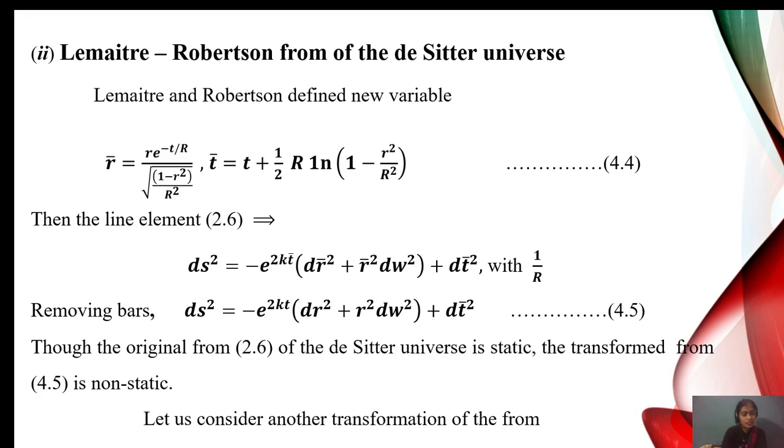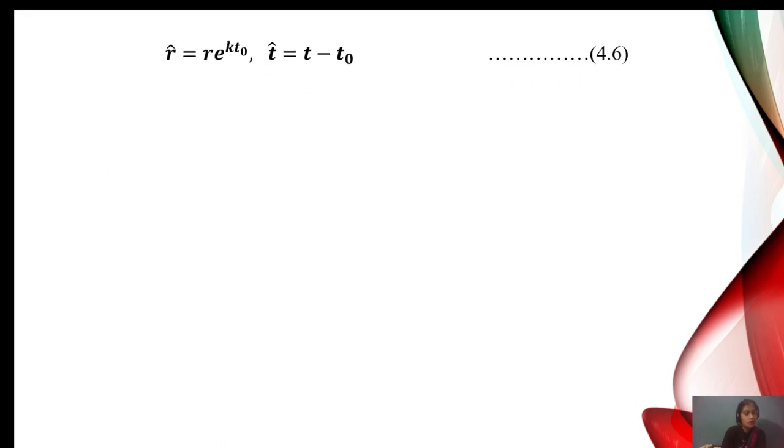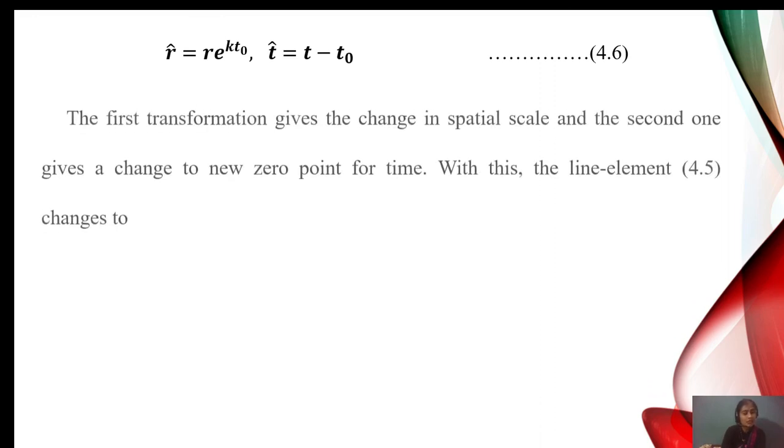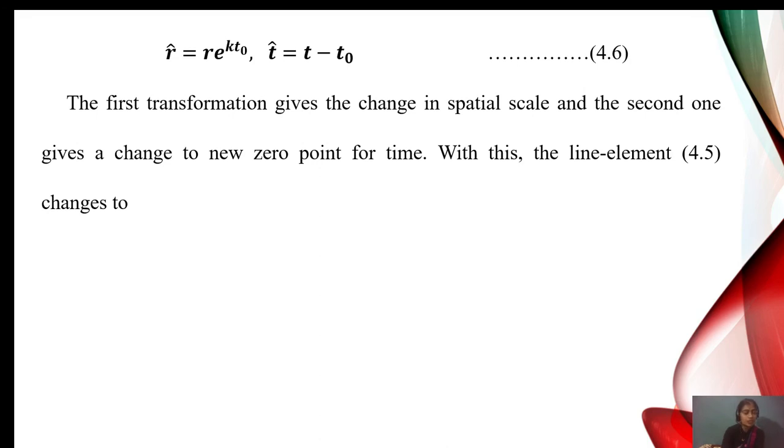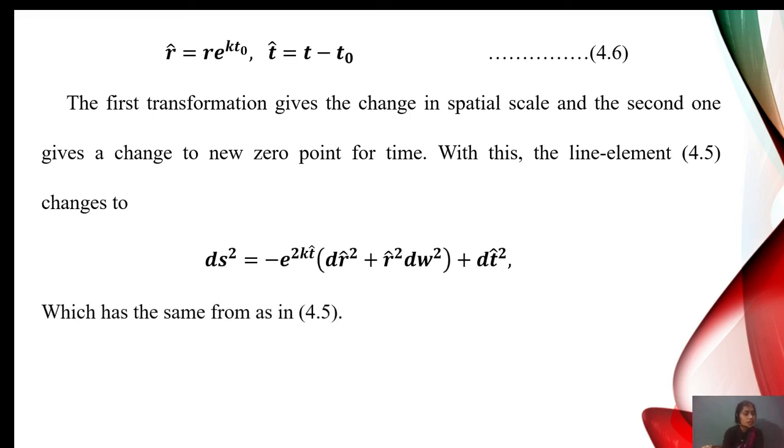Let us consider another transformation, r bar equals r e to the power k t0, and t bar equals t minus t0. This is equation 4.6. The first transformation gives a change in spatial scale, and the second gives a new zero point for the time.